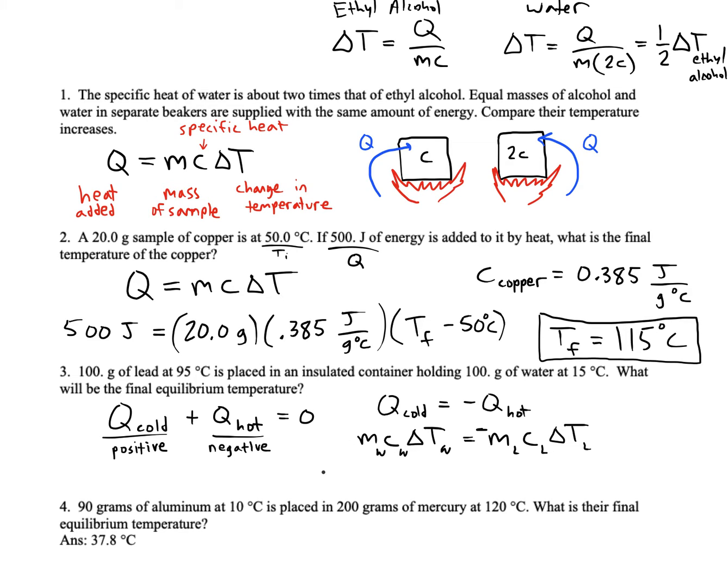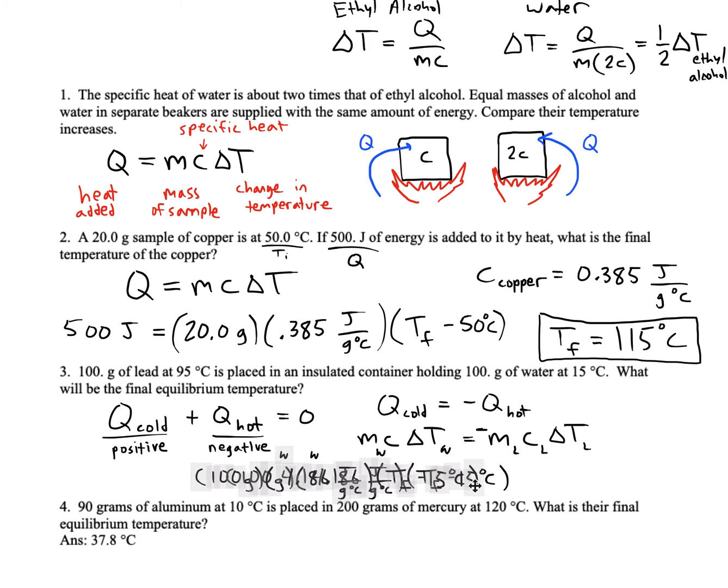Our mass of water is 100 grams. The specific heat of water is 4.186 joules per gram degree Celsius. The temperature of the water will change from 15 to some unknown final temperature. I don't know what the final temperature is, so I'll just leave it as a variable.